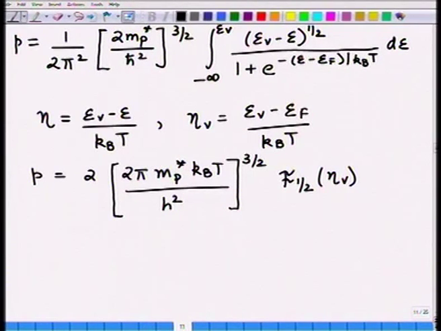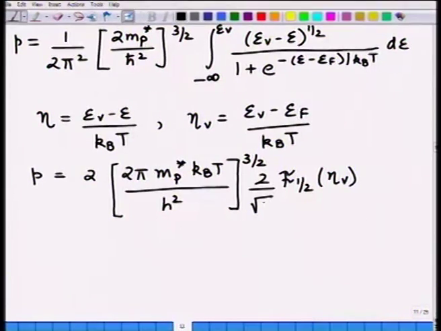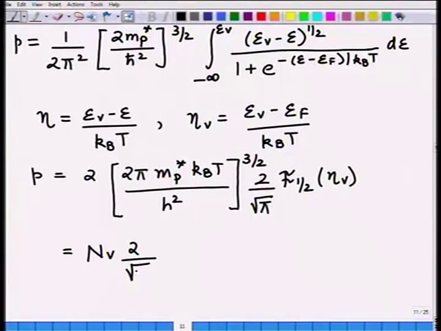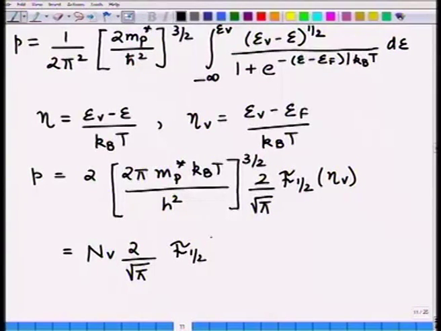I should in fact add the 2 and root pi over here also, exactly the same way, which we will write as N_v times 2 over root pi times the Fermi-Dirac function of order half, eta_v.